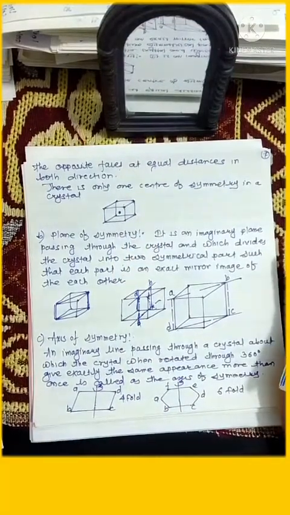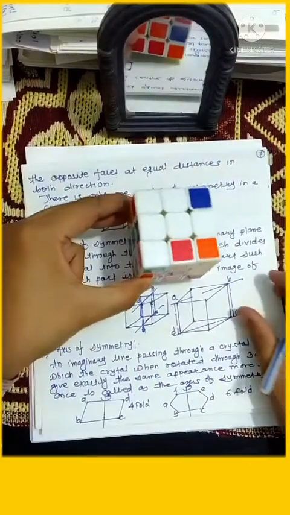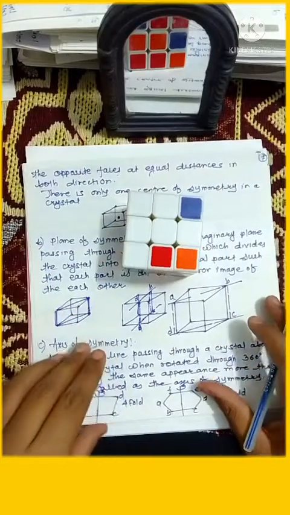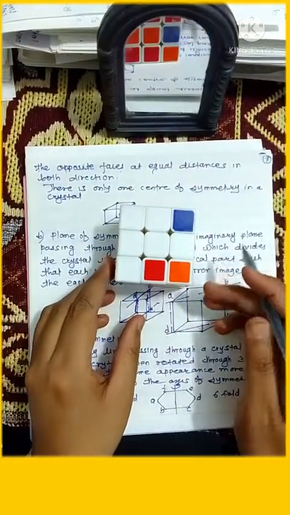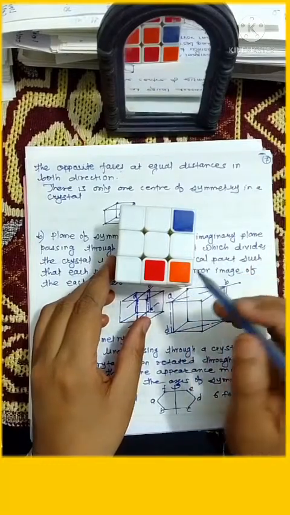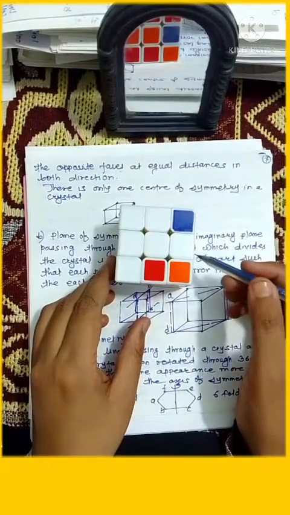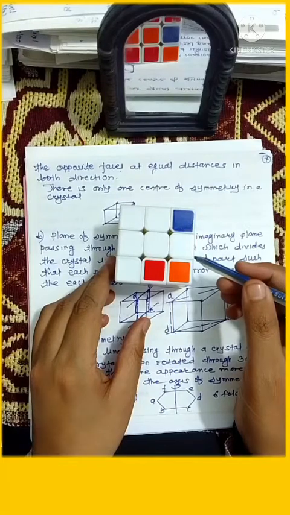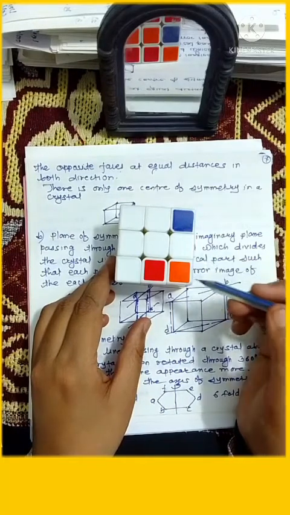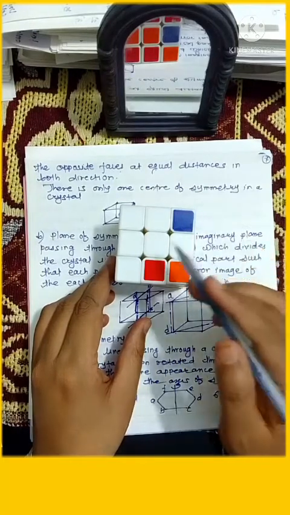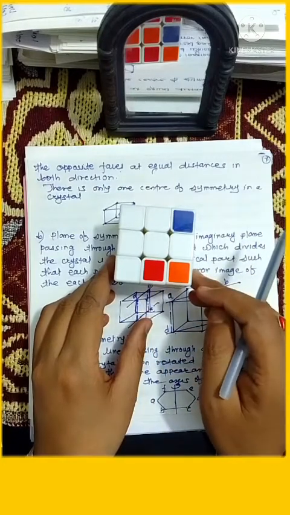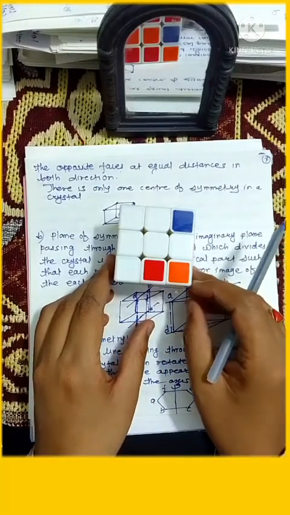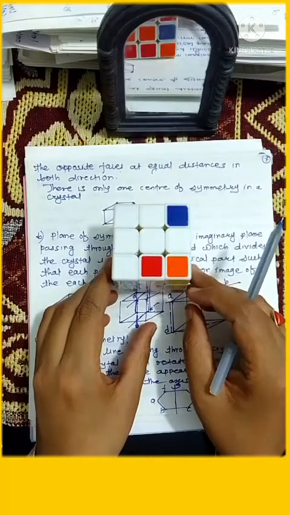So just see, if we take this cube and there is one imaginary point at the center of this cube from which every opposite point is equidistant, that imaginary point is simply known as the center of symmetry.